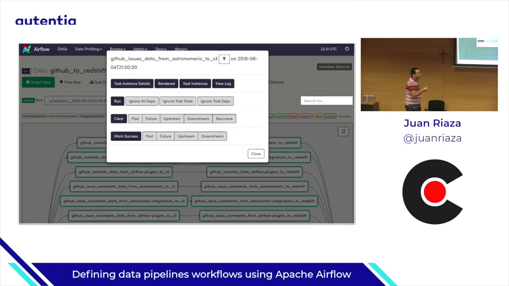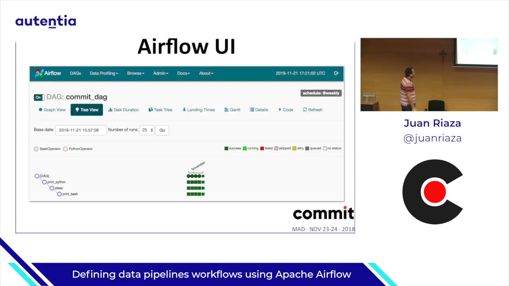So we can check the task instance details, we can view the log, we can run it, or we could clear it. That means that we could just rerun each task, caring about dependencies or not. We'll check how that works.